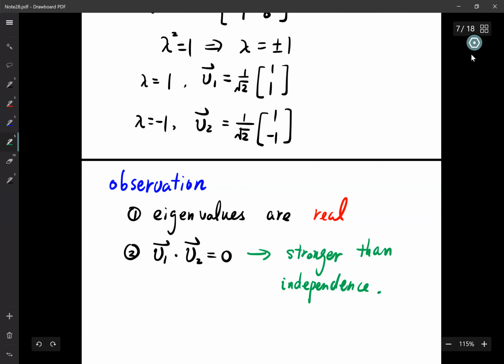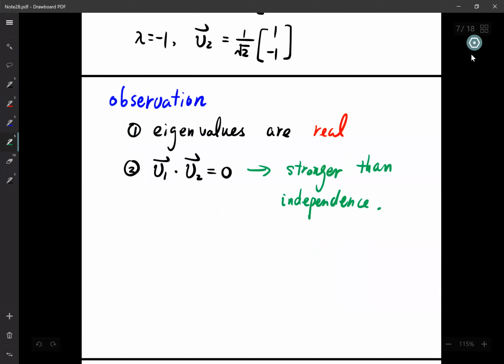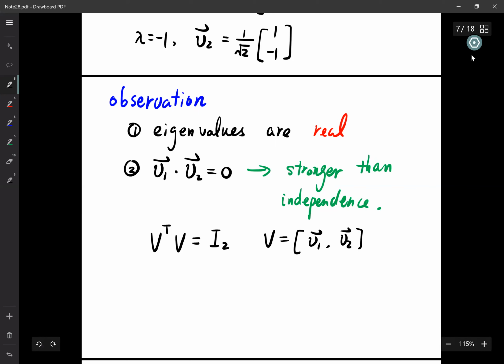They're not only independent, but orthogonal to each other. Because I've normalized these two vectors, I can say v transpose v equals I2, where V is [v1, v2]. Because this is an orthogonal matrix, the inverse is just v transpose.